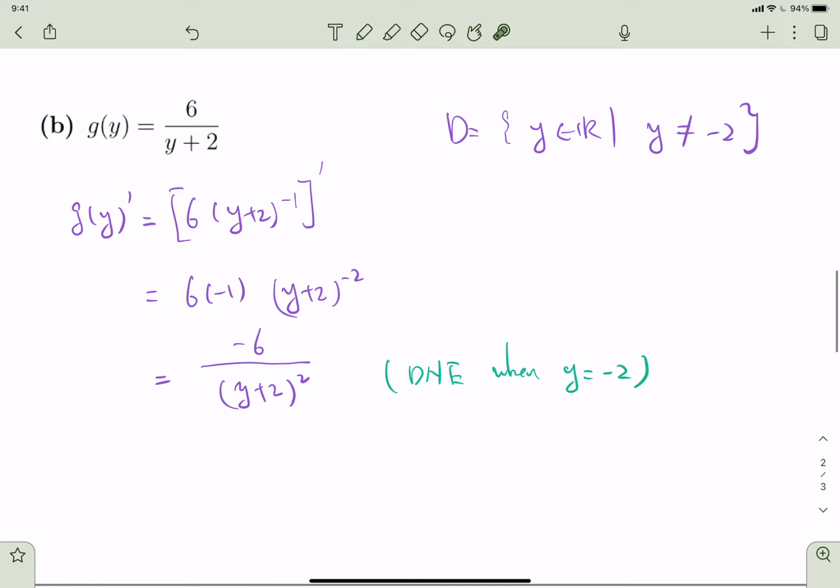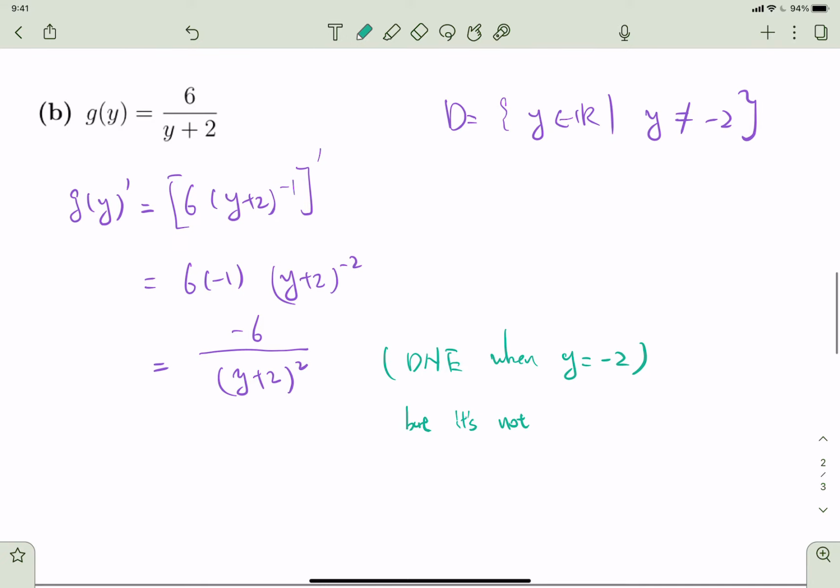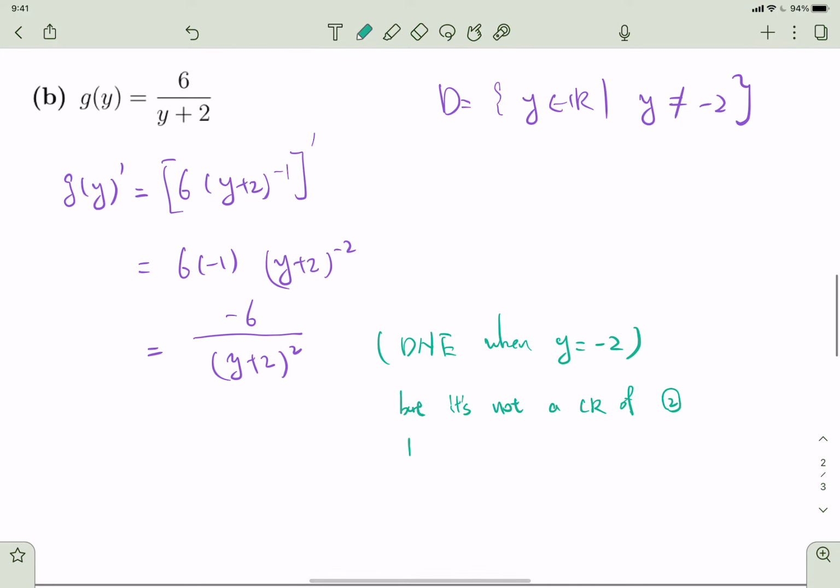So even though the derivative does not exist at this point, it's not a critical number of the second type, because it's not in the domain.